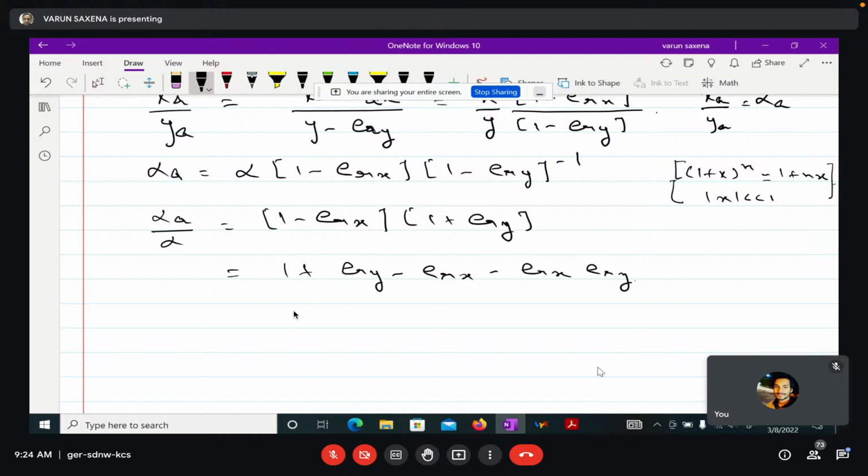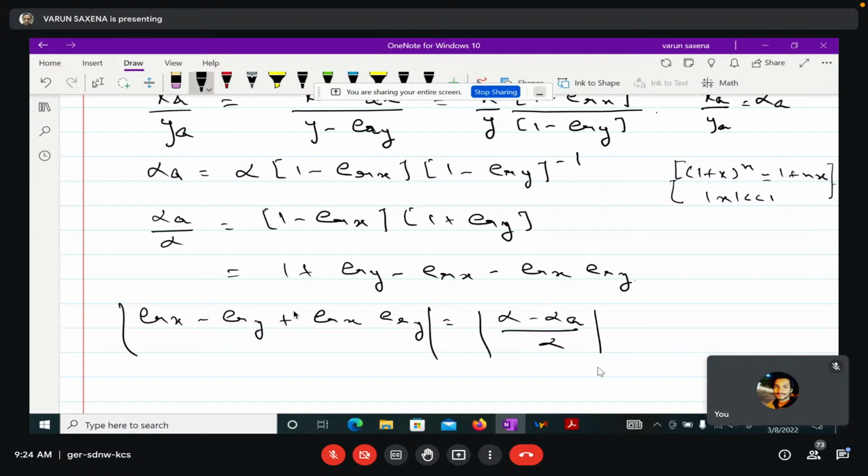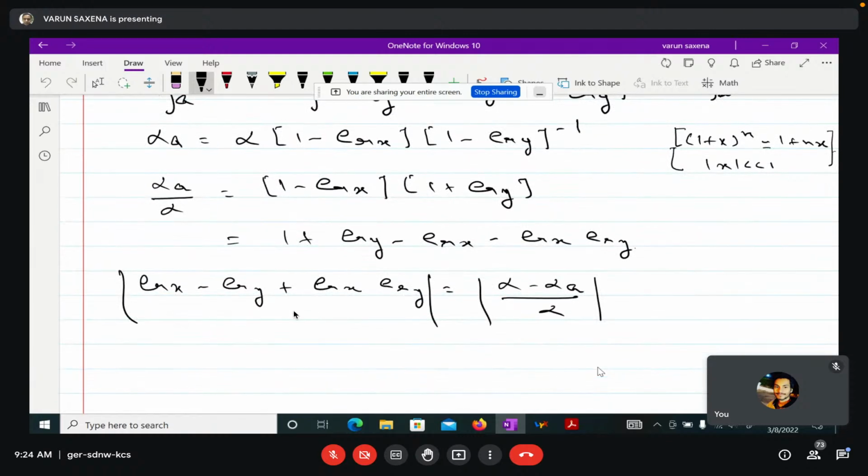So now if we take it on the other side, we get erx minus ery is equal to alpha minus alpha a over alpha. If you take mod on both sides, again you're getting an expression which is quite similar to subtraction, where if you neglect erx multiplied by ery, as the product is very small compared to erx and ery individually, then I can say that the relative error of alpha minus alpha a is less than the sum of the two relative errors.